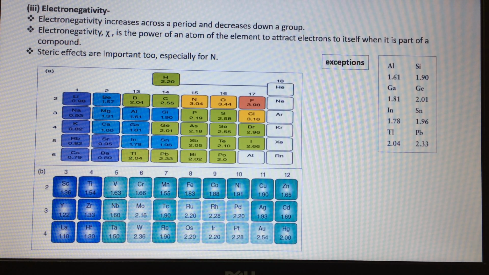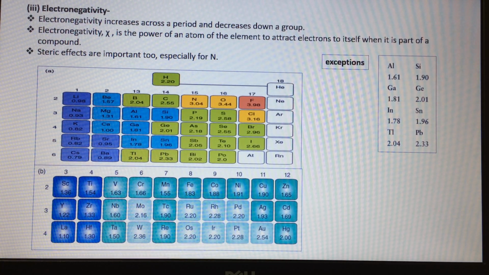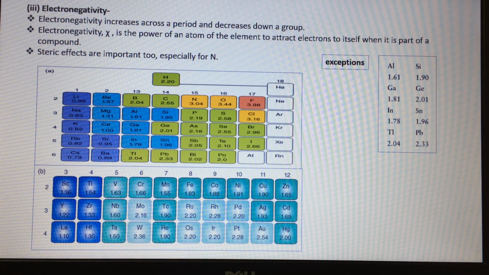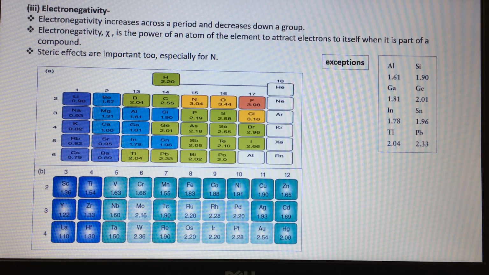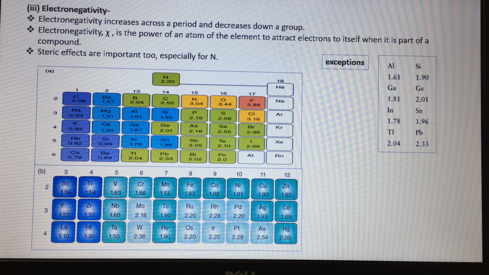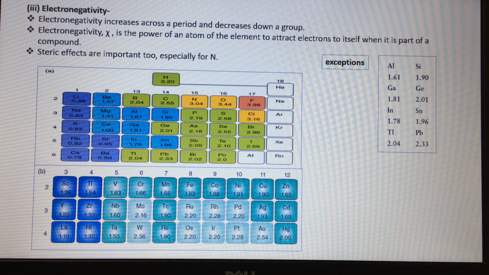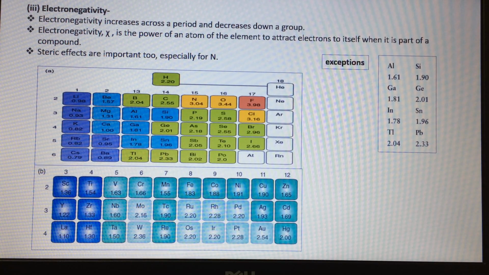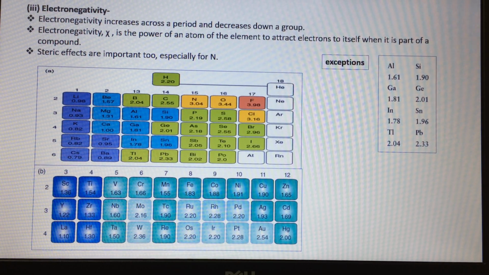That means when any atom, as an element in a compound, attracts electrons to itself, it is known as electronegativity. Understood? That means any species that has the capacity to withdraw electrons is known as electronegativity. Simple.